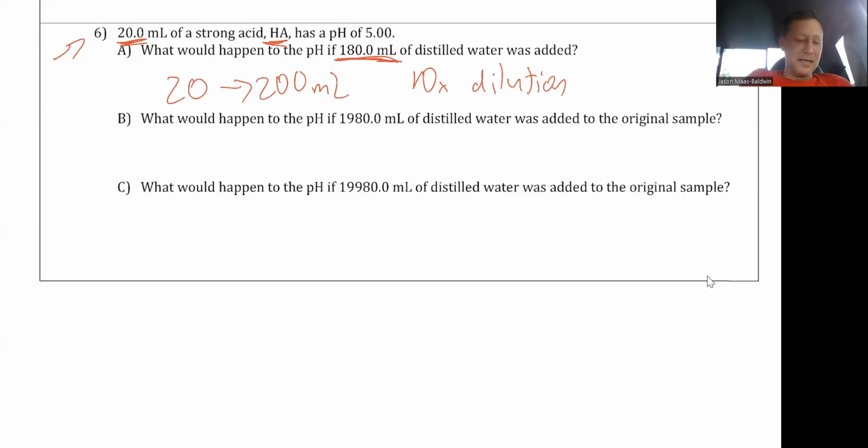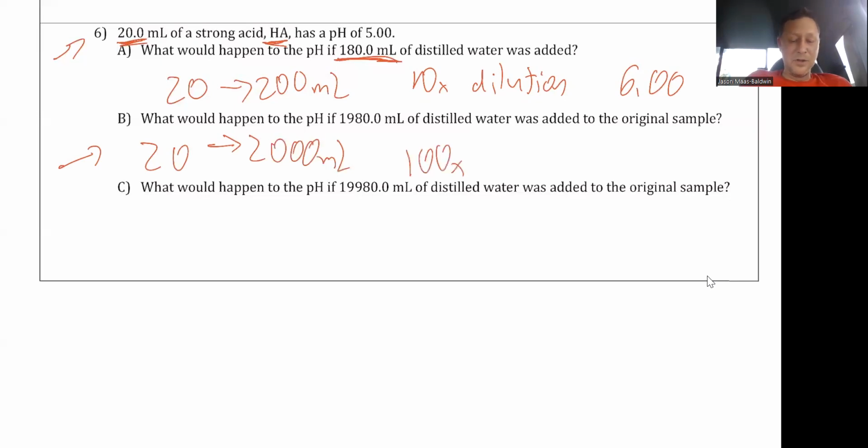And so that means that if we took this acid and went from 20 to 200 mils, the new pH would be 6.00. And then in this one here, we're going from 20 to 2,000 milliliters, so that's a 100 times dilution, and that would be a pH of 7.00.